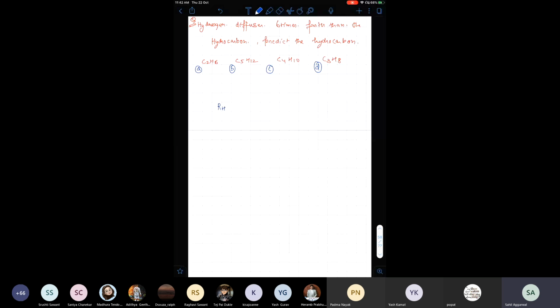Rate of hydrogen and rate of that hydrocarbon will be inversely proportional to mass of hydrogen and mass of that hydrocarbon. Rate of hydrogen is six times the rate of hydrocarbon, is equals to root of mass of hydrocarbon divided by 2.